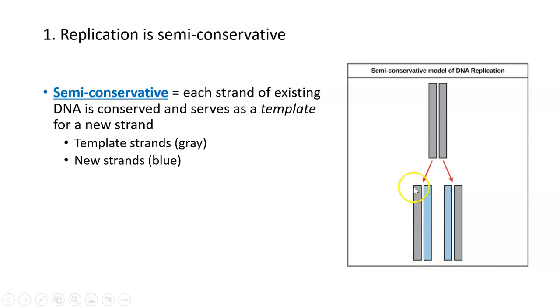And so by reusing one of the strands of DNA, you can actually create two DNA molecules in about half the time, rather than having to synthesize two entirely new strands of DNA every single time you want to perform DNA replication. And so the idea of being semi-conservative means that one strand of DNA is conserved in those new strands every time that DNA synthesis or replication occurs.